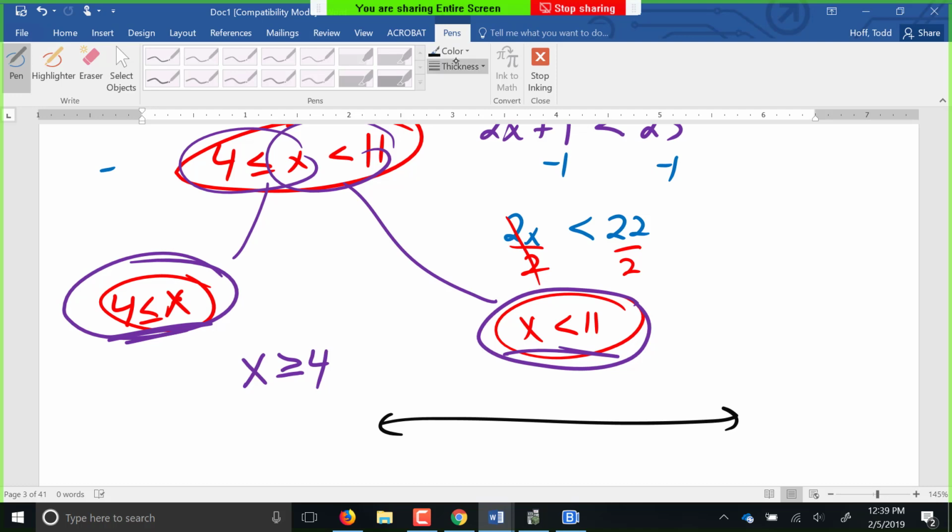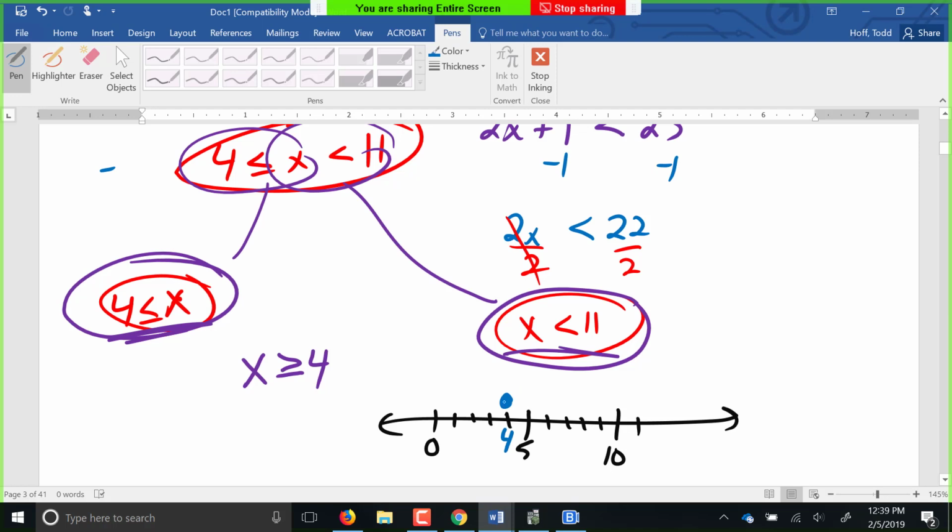So we could graph this. We would have 4 right here, open or closed?